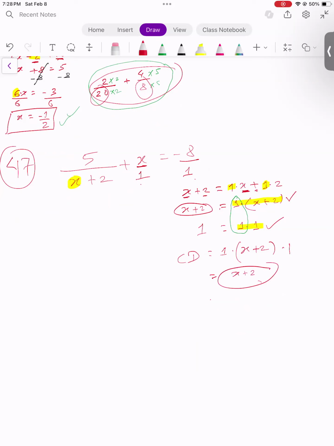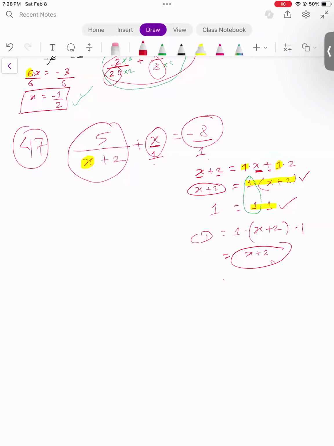Now we use this common denominator to multiply each term of this equation. You have to multiply every term here. So x plus 2 times x plus 2 times x plus 2. Since we have more than one term, this is a binomial, and if you have a binomial or more than one term, make sure your terms are inside the parentheses.